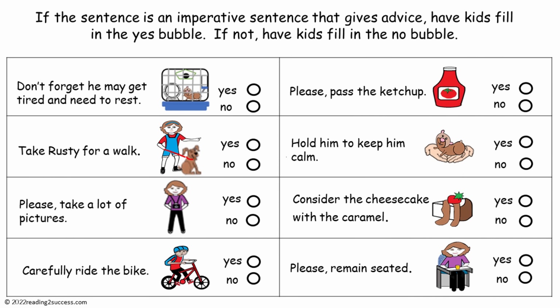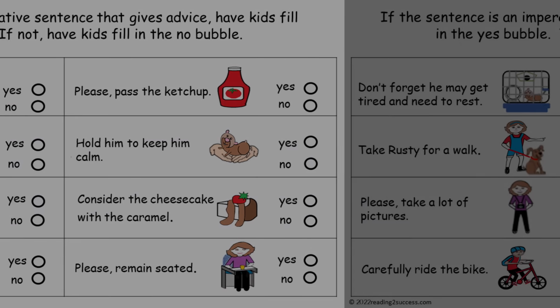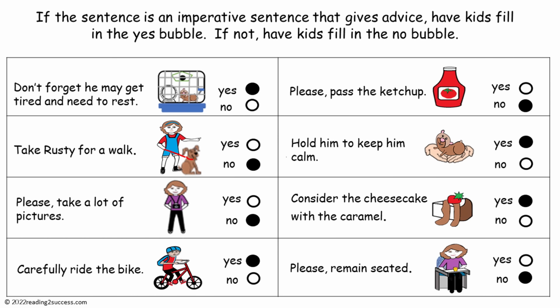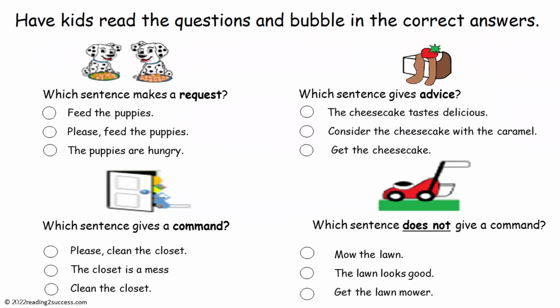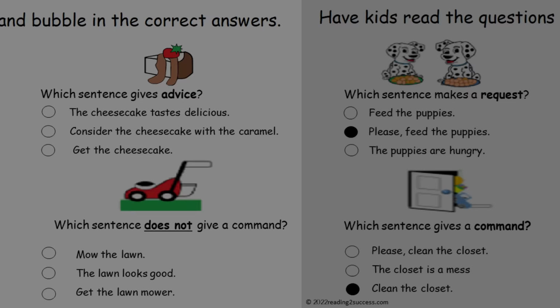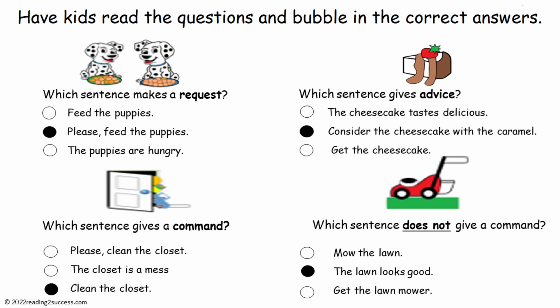If the sentence is an imperative sentence that gives advice, have kids fill in the yes bubble. If not, have kids fill in the no bubble. This is the completed example. Have kids read the questions and bubble in the correct answers. This is the completed example.